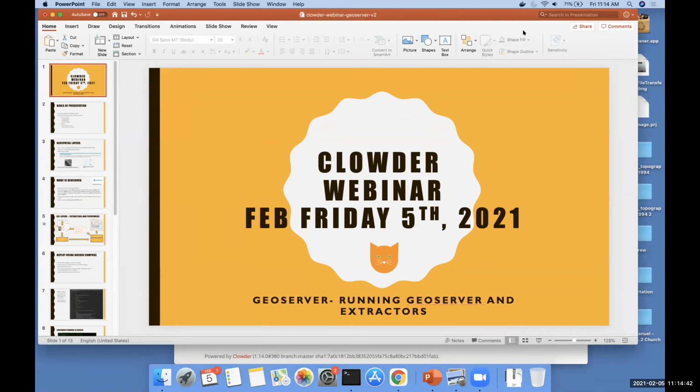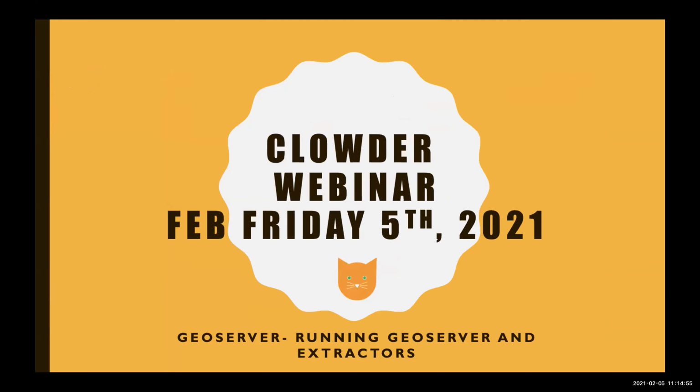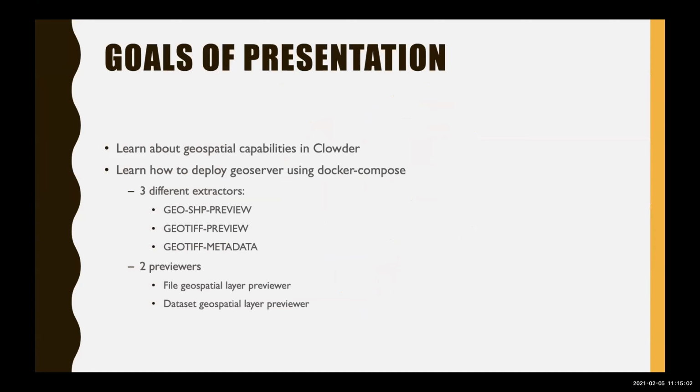I'll be presenting about the Geoserver and some extractors that are available in Clowder. A lot of the content for this is relatively new to me, so I'm not quite an expert, but hopefully at the end of the presentation, you'll learn about some of the geospatial capabilities in Clowder, what kinds of files it can handle and what kinds of previews you can get.